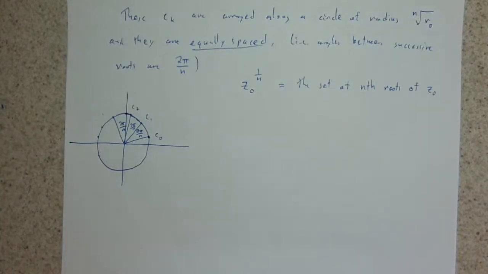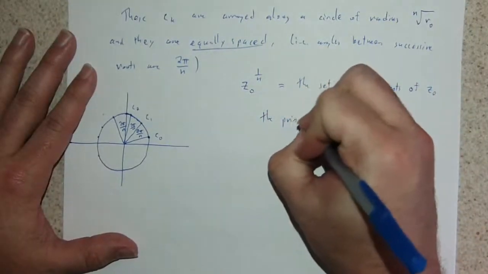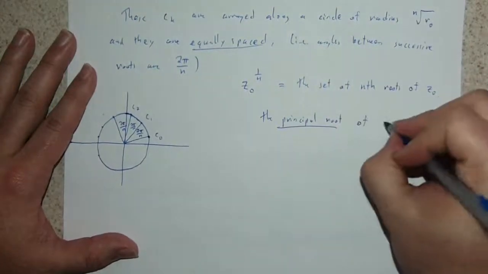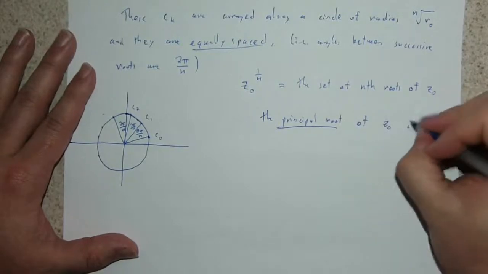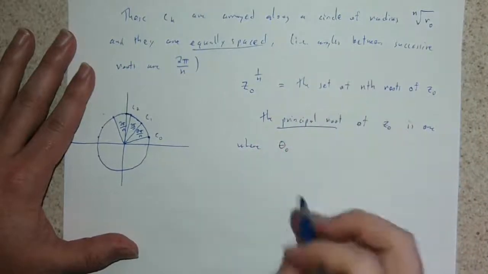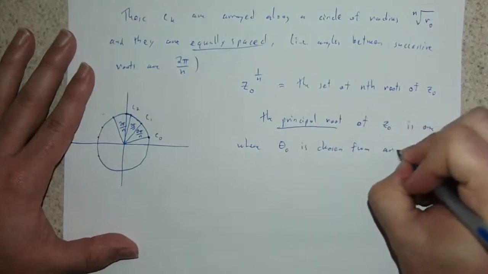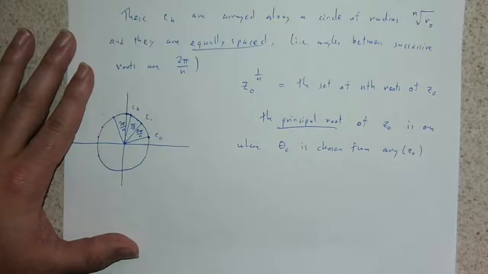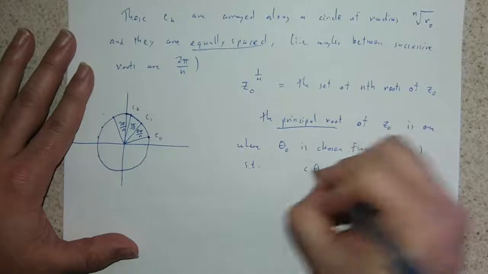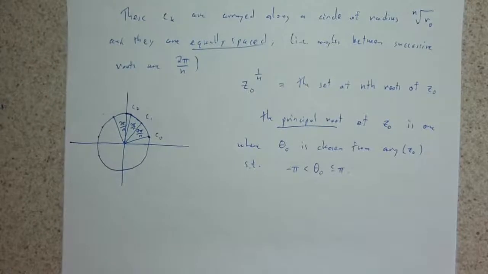So the principal root of z0 is one where theta 0 is chosen from the argument of z0 such that it is strictly between minus pi and pi.